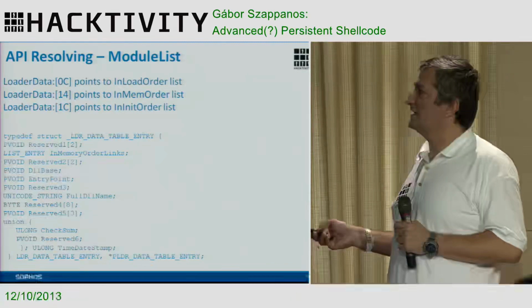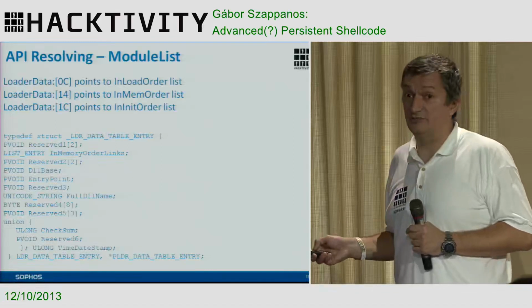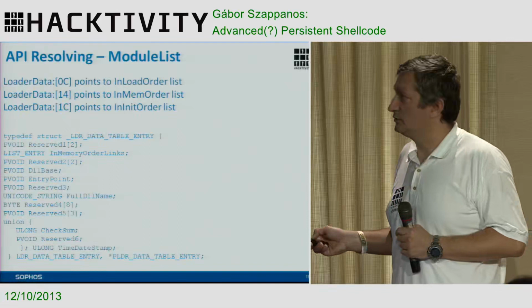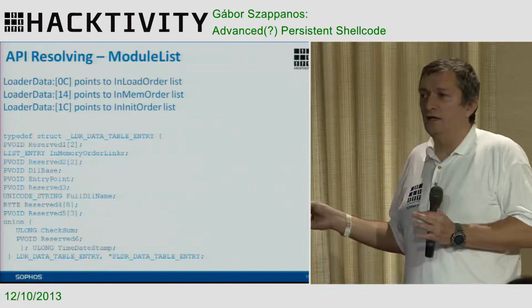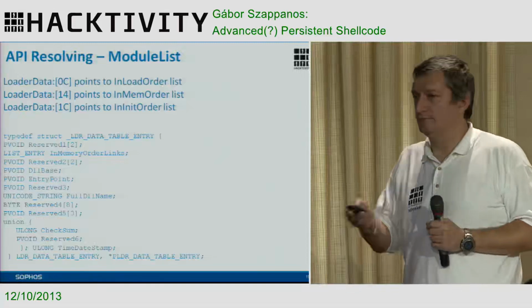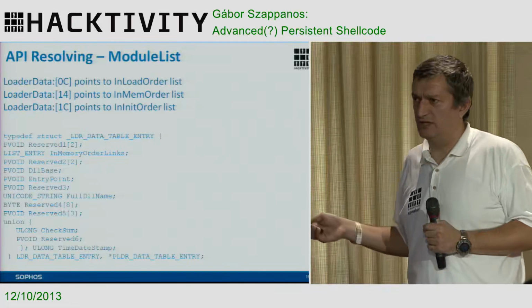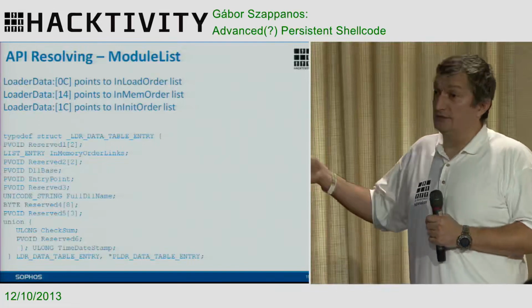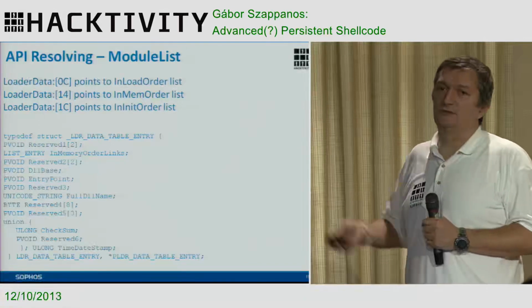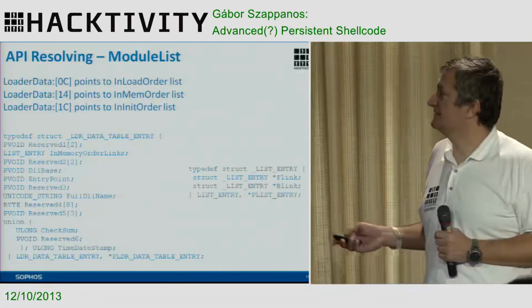The information you can get from this table, for example, the DLL base, the address at which the DLL was loaded into the memory, and the name of the DLL. If you have these two, from the name you can walk through the chain and select kernel DLL by comparing the name. And if you know the load address of the DLL, you can navigate to the export table of the DLL and read out the memory addresses.